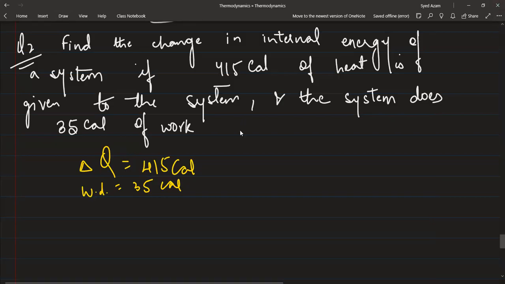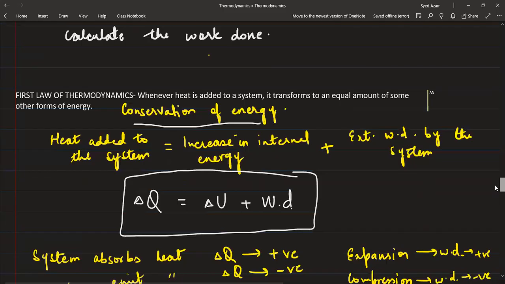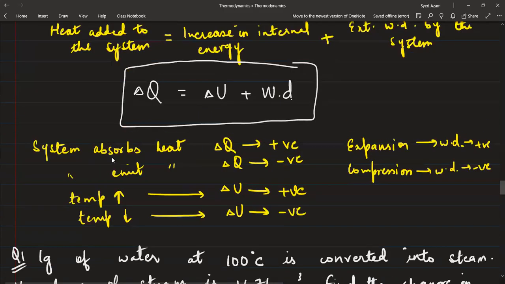So we have to calculate the value of delta U. This is asking for the change in internal energy if heat is given to the system and the system is doing work. If you remember, we started the class with this. Heat is given to the system, meaning heat is getting absorbed by it, so it is positive.